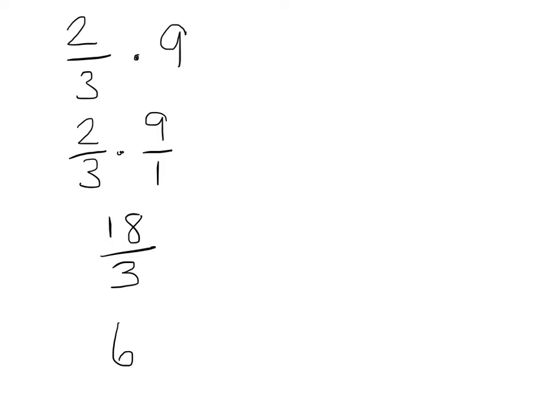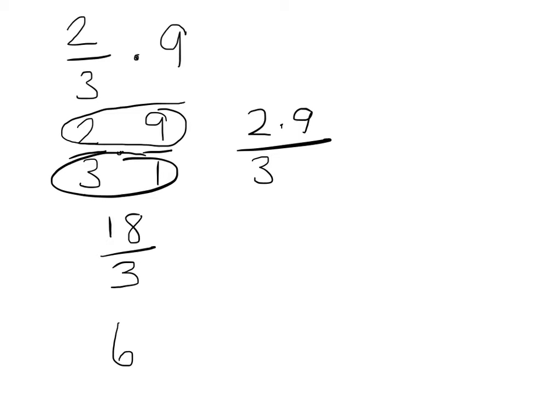Well, when we multiply fractions, we're just going to multiply the two numerators together. 2 times 9 is going to be our numerator, and we multiply the two denominators together, 3 times 1, and so we get 18 in the numerator and 3 in the denominator, and then when we simplify it we get 6. So multiplying fractions is pretty easy to remember the steps. Multiply the numerators together, multiply the denominators together, and you'll get your answer.